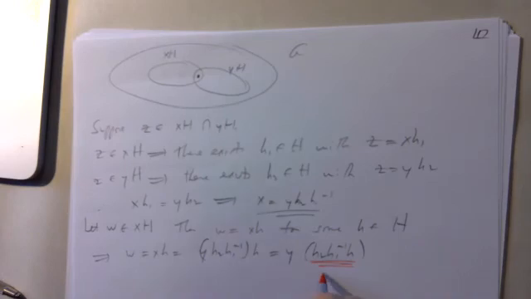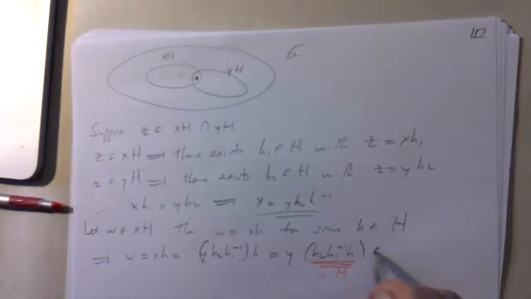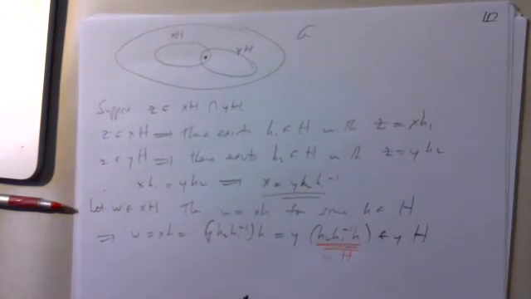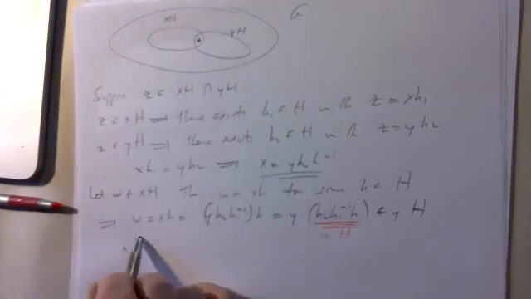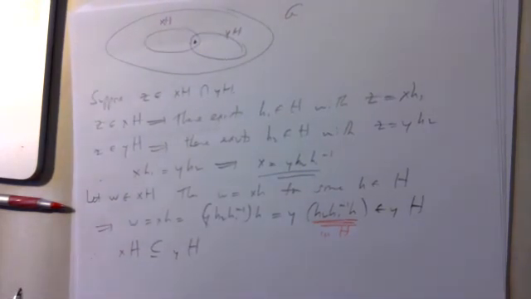And this is something that's in H, because it's a product of elements in H. So this is in the left coset yH. So this says that every element in xH is in yH. So xH is a subset of yH.